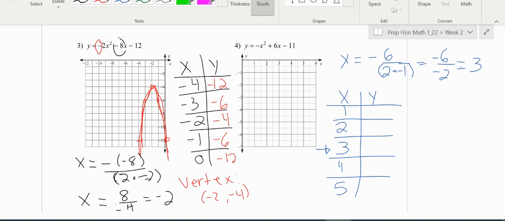And then when we put that in our table, I see that at 3, I actually have -2. And then at 4, I got -3. At 5, I got -6. And then the values repeat above. And then you would just plot it and be done.